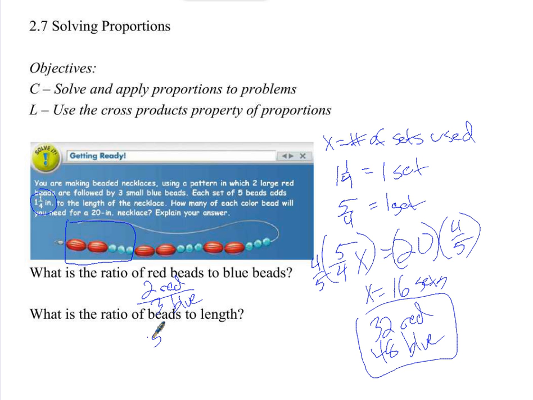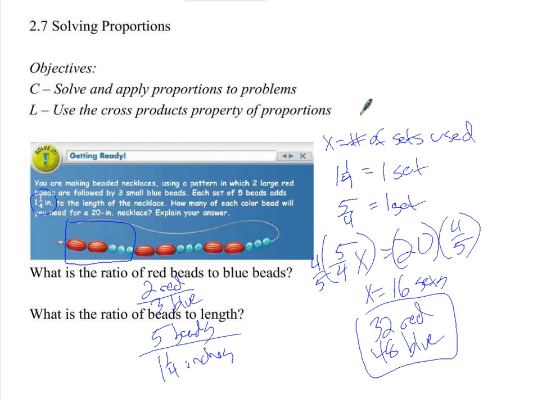Yep, 5 beads to 1 1/4 inches, which would be 5/4, not 1 1/4. But that's the idea.